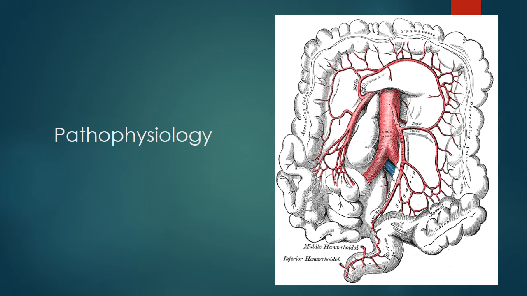But in addition, the colon is also at risk from any intra-aortic manipulations, including intravascular procedures, intra-aortic balloon pumps, and also from ligation of the inferior mesenteric artery that occurs during aortic repairs. Mesenteric vein thrombosis is a very rare cause for ischemic colitis, and we're not going to really explore that in any detail in this talk.